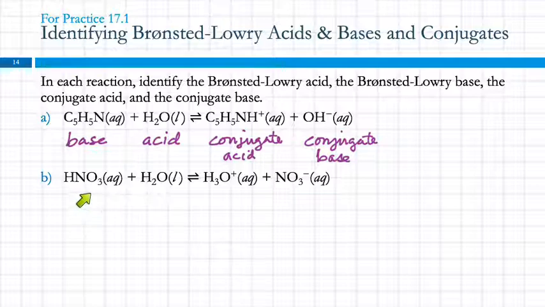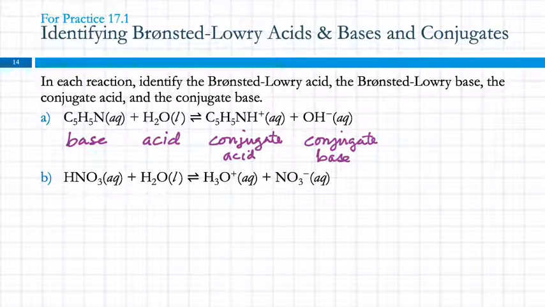Here we have HNO3 and H2O. Who's acting as the acid? The acid, yeah. So in Chem 1A, we learned that if we see a formula that starts with H, it's an acid, right? And that's still true here. But we can also find some other things that act as acids. But yeah, this is the acid. This is nitric acid.